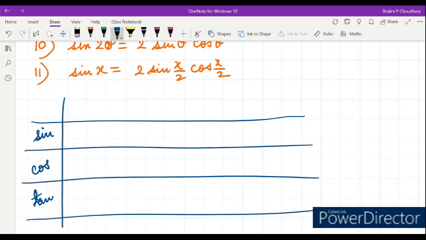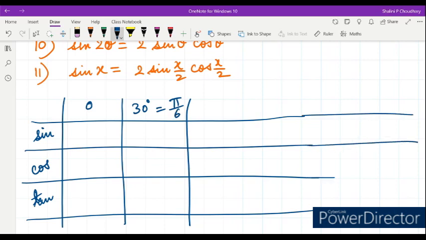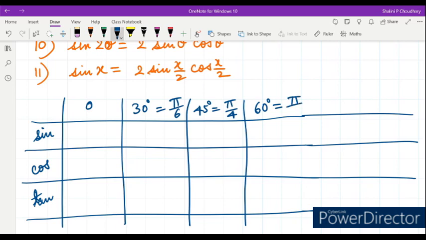First of all, we'll see 0 degree, then 30 degree, which is equal to pi/6 radian. Then 45 degree, which is pi/4. Then 60 degree, which is pi/3 radian. Then 90 degree, which is pi/2 radian. So these are the 5 values.